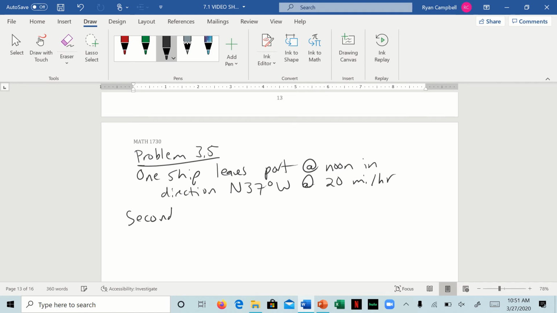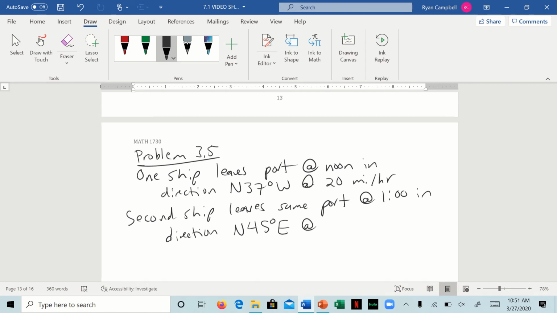Second ship leaves the same port at 1 o'clock in the direction of north 45 degrees east at, we'll say, 17 miles per hour.